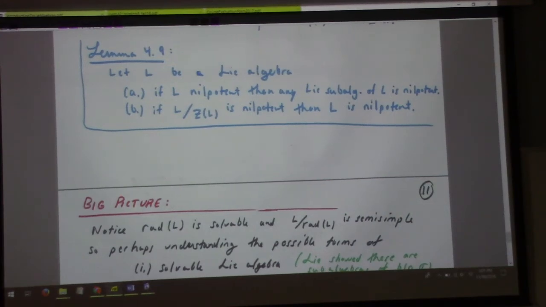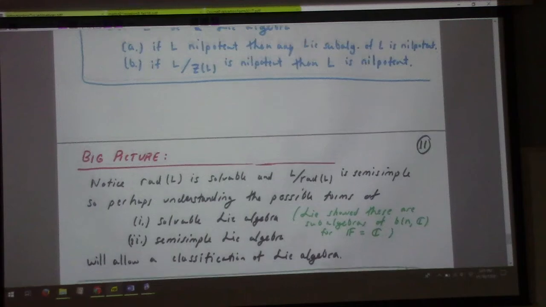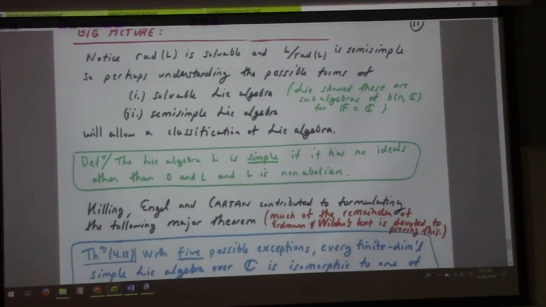Okay. So lemma 4.9 says, let me just get to the big picture here. The radical of L is solvable, and L mod the radical of L is semi-simple. So if you can understand possible forms of solvable and possible forms of semi-simple Lie algebras, it gives you a hope of classifying.